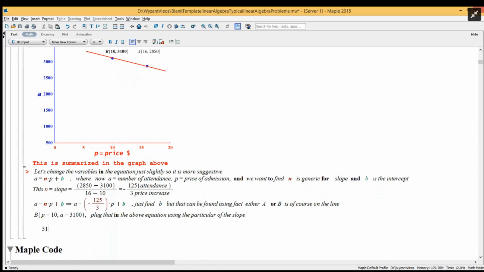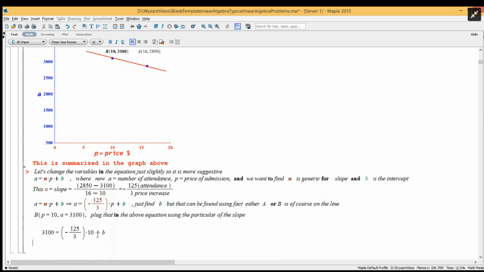So we have 3,100 is equal to minus 125 over 3 times $10 plus b.